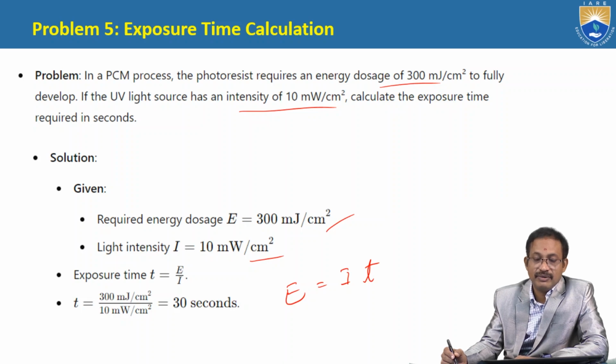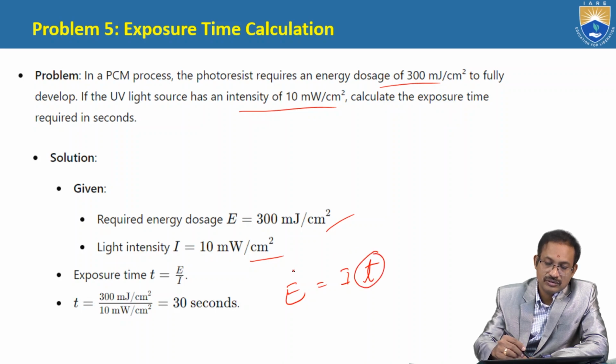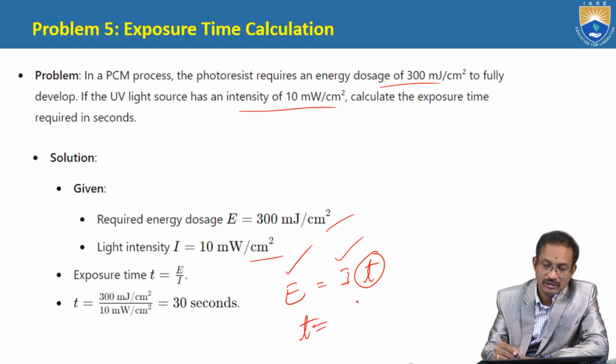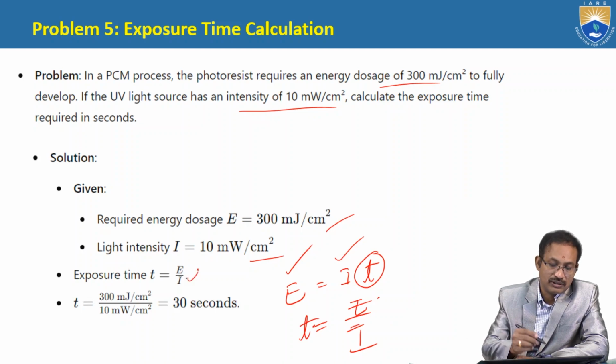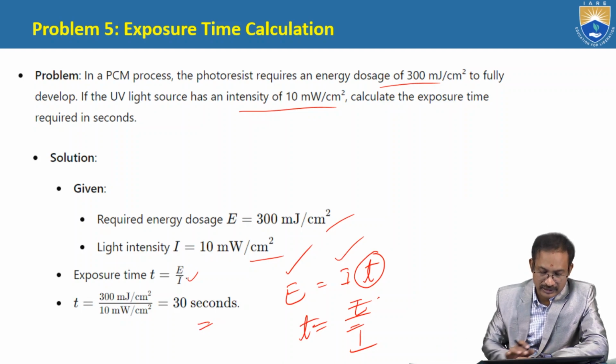Here we need to find the exposure time T. This is a known value and this is a known value. So T equal to E by I. Substitute the values so that we get the time in seconds.